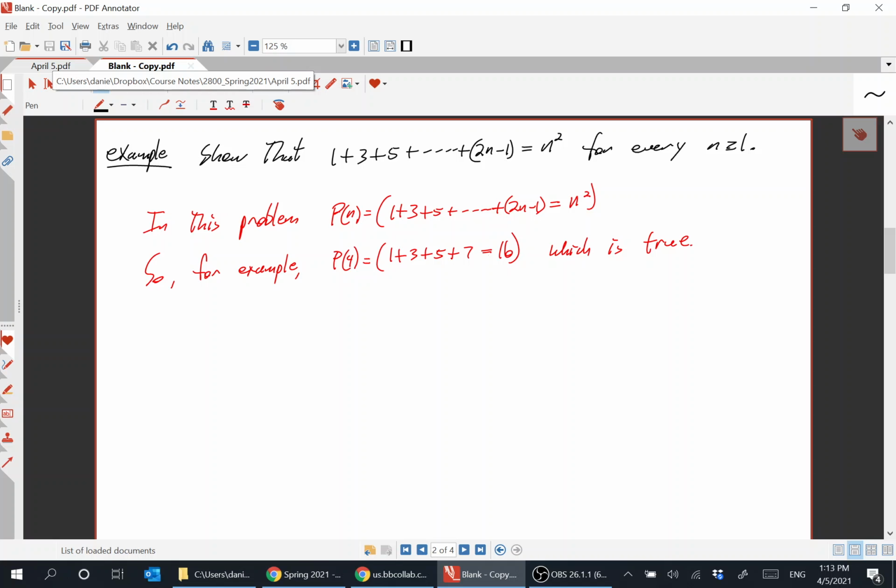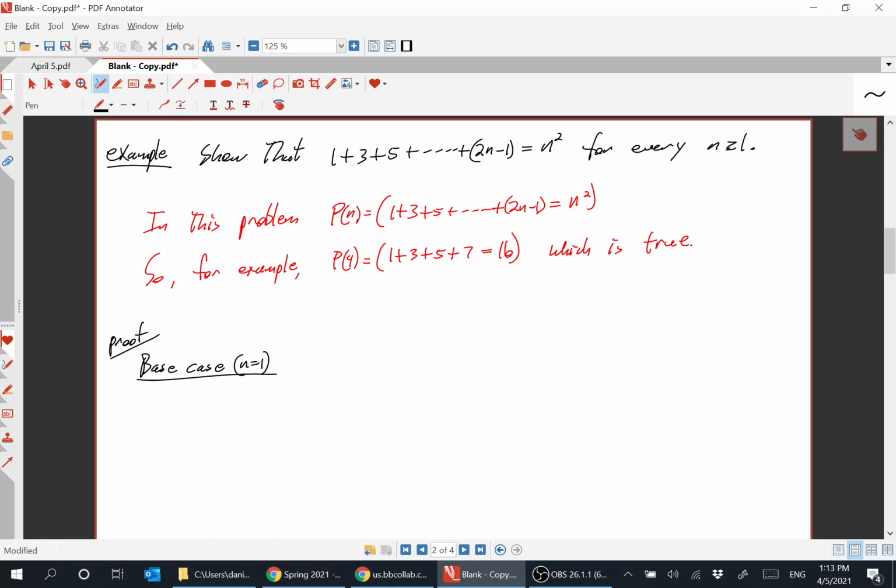So we want to show that this is true. Okay, here's the proof. So first thing you do is the base case. And in here, the base case is n equal to 1. So I'll just put that there for reference. Okay, so when n is equal to 1, what does this look like?